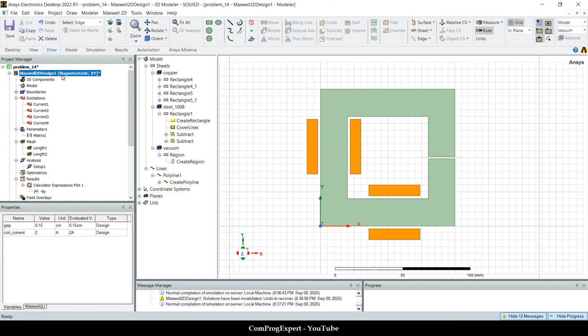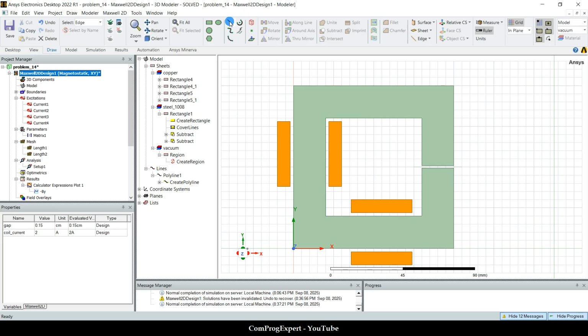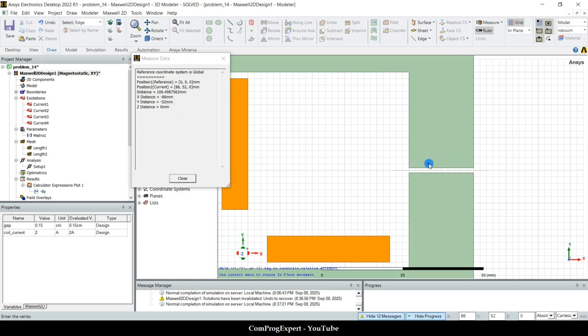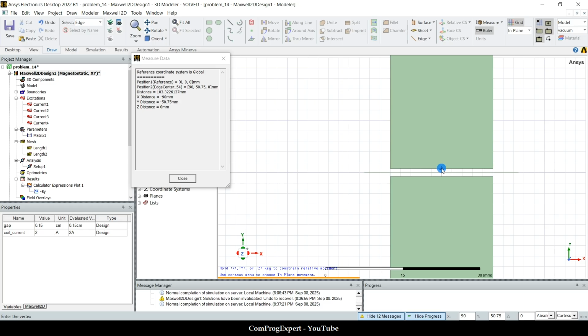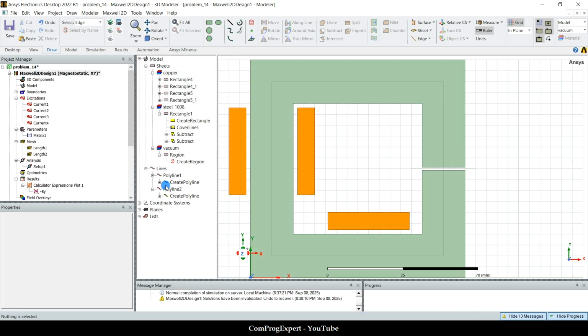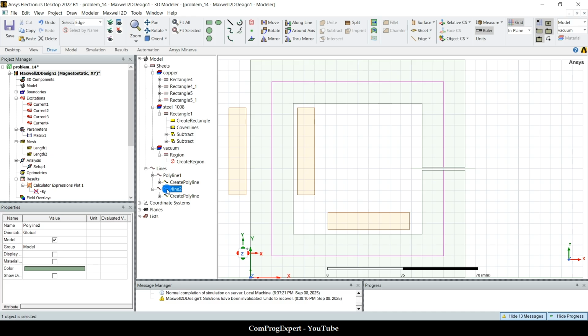Let's check. If I draw this path in the iron here, here in the middle of the structure, right? Polyline 2.